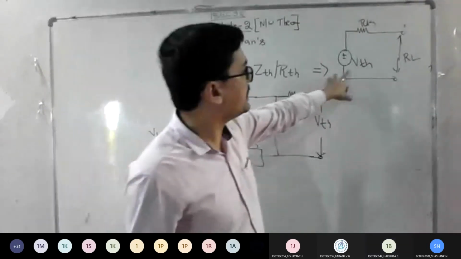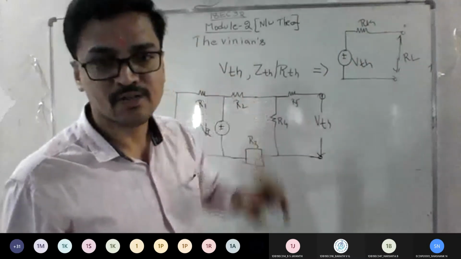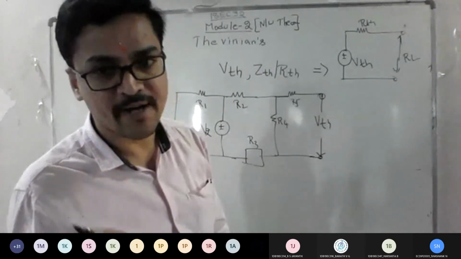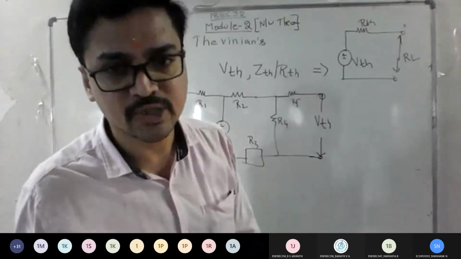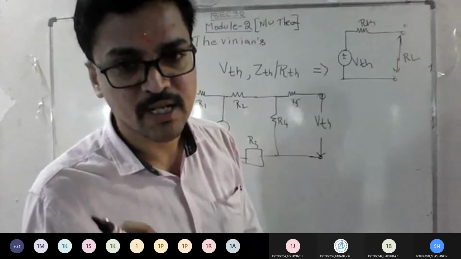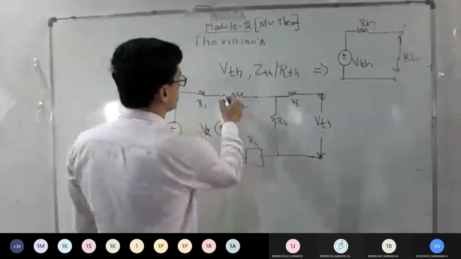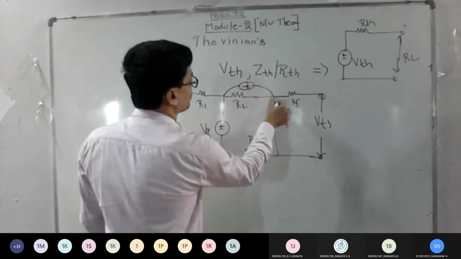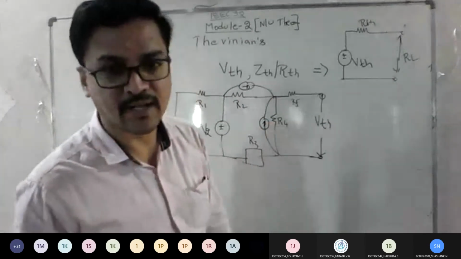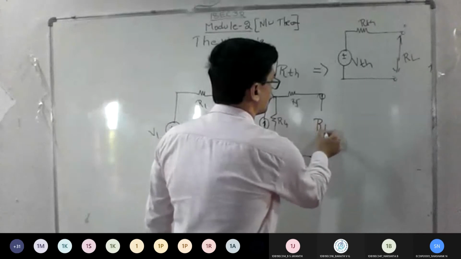Similarly, after finding equivalent VTH, I need to find equivalent RTH. Whenever you want to find RTH, remember to short circuit the voltage sources. I'll repeat, short circuit the voltage sources and open circuit the current sources. Assume there was some current source somewhere here. To find equivalent RTH, remove the load, replace RTH.